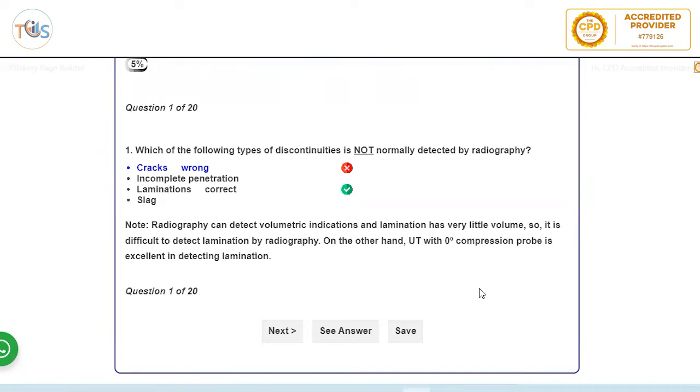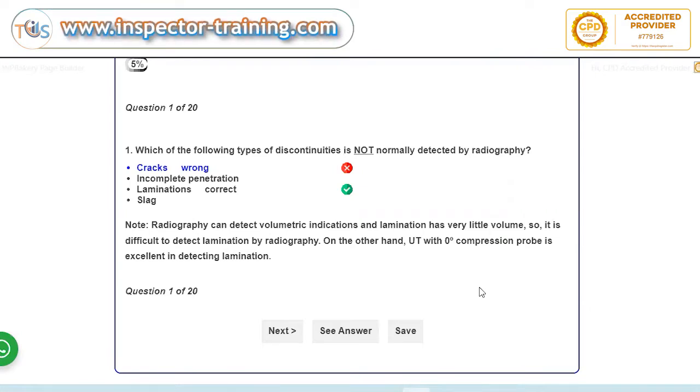If you have porosity or slag, that area is not dense. Porosity is just a bubble, and slag is just a weld deposit, so the density is far less than the actual base metal, and more X-rays or gamma rays pass through.